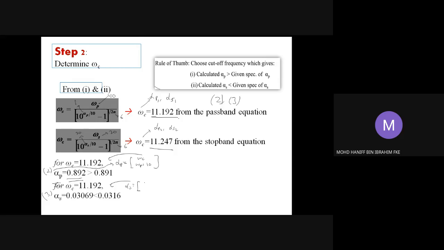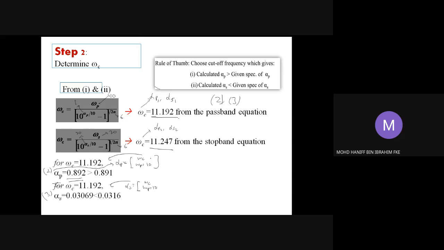You have the right-hand side having the information of omega C, which is 11.192, and your omega P should be equals to 10. So that's how you're going to get the alpha P and alpha S from equation 2 and equation 3 respectively.